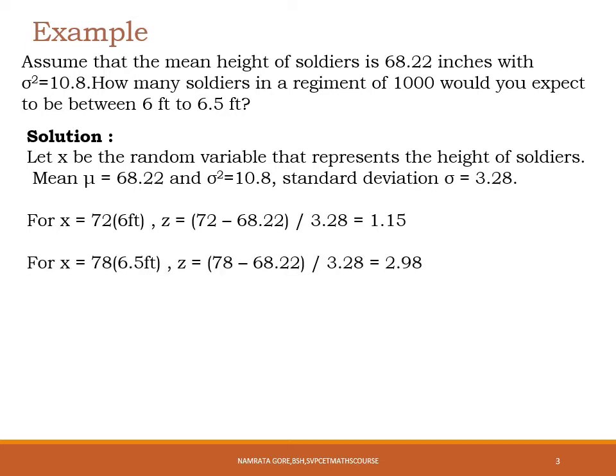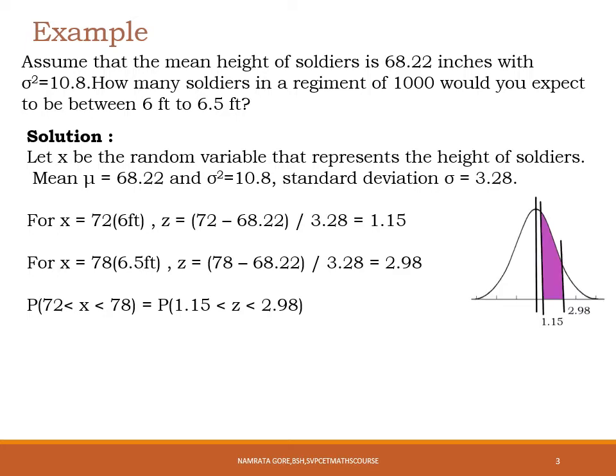On the same lines, x, which is 6.5 feet, that is 78 inches, gives us standard normal variate 2.98. So what we are going to calculate is probability between x as 72 inches and 78 inches. So it becomes z between 1.15 and 2.98.